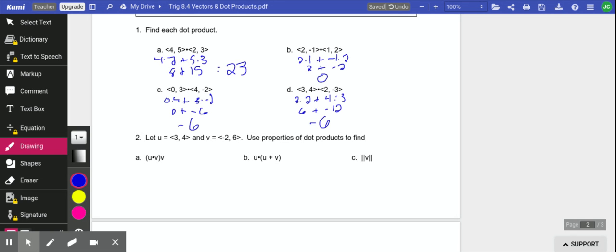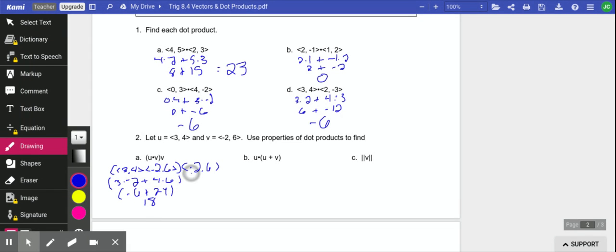All right. We're going to use properties to find these. So we're going to do u times v and then multiply that by vector v. So let me write this down here. U is 3, 4. V is -2, 6. And then we're going to multiply that by v again. Okay, so we're going to do this part here in parentheses first. We're going to multiply the x's and add that to the y's multiplied by each other. So we get -6 plus 24, which is 18.